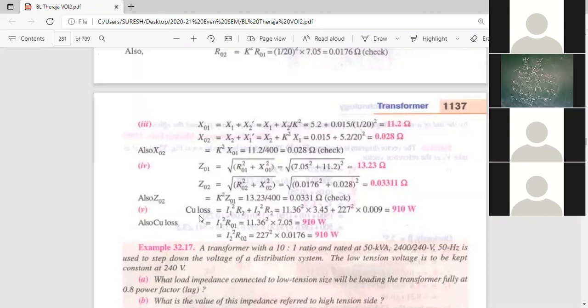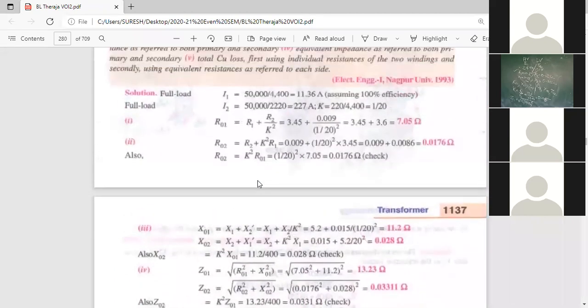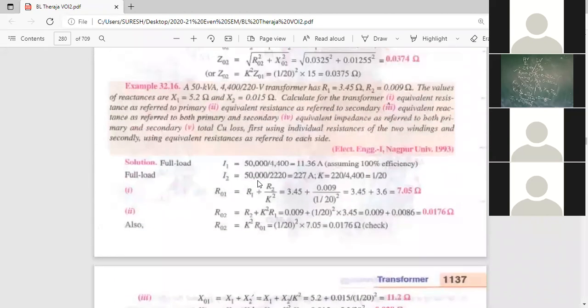Let us see in the textbook whether they have calculated it or not. See how they calculated I1. I am writing on the board, you see.